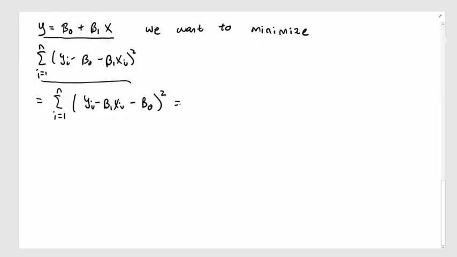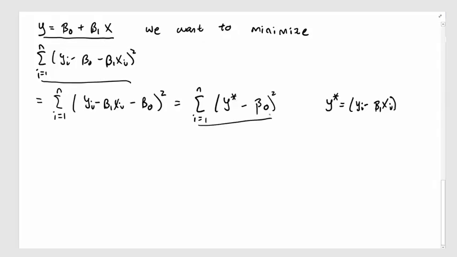And then I'm going to write that as summation i equal 1 to n of (yi star minus beta naught) squared, where yi star is equal to yi minus beta 1 xi. We know the least squares solution to this equation.